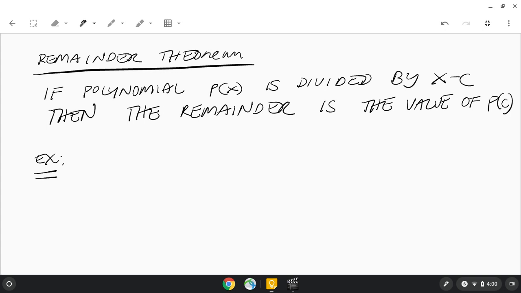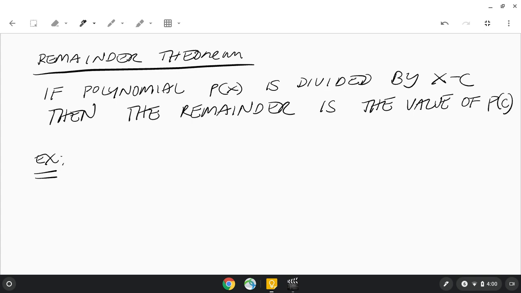So that's how you would evaluate it. What this Remainder Theorem is saying is that this is another way you can evaluate it. You can evaluate the function by doing the synthetic division, and the remainder will be equivalent to the answer that you get when you plug in 2 or whatever the number is.